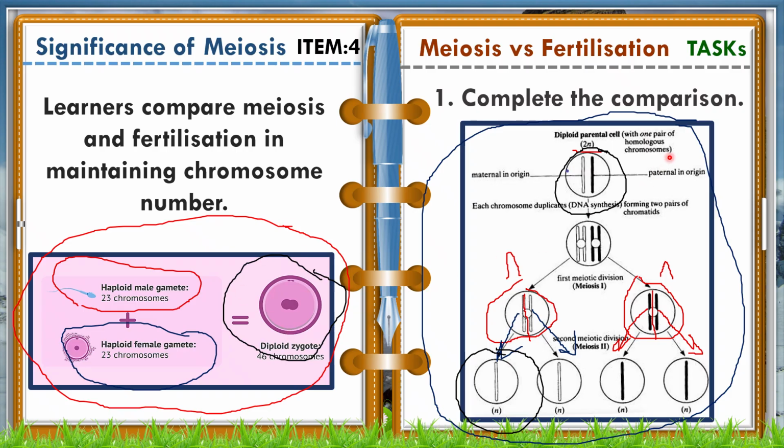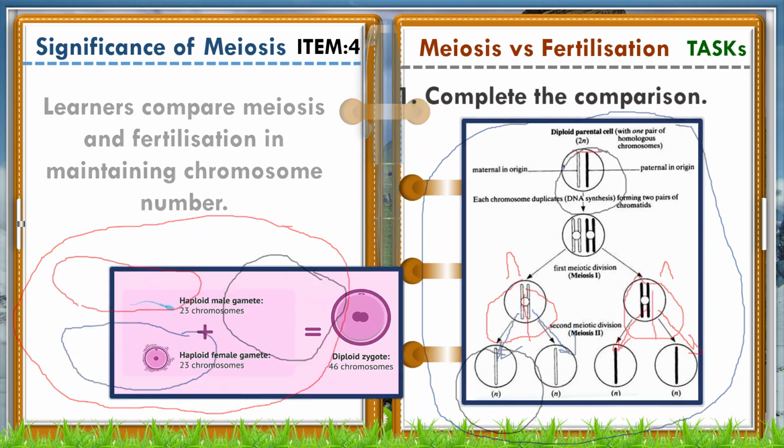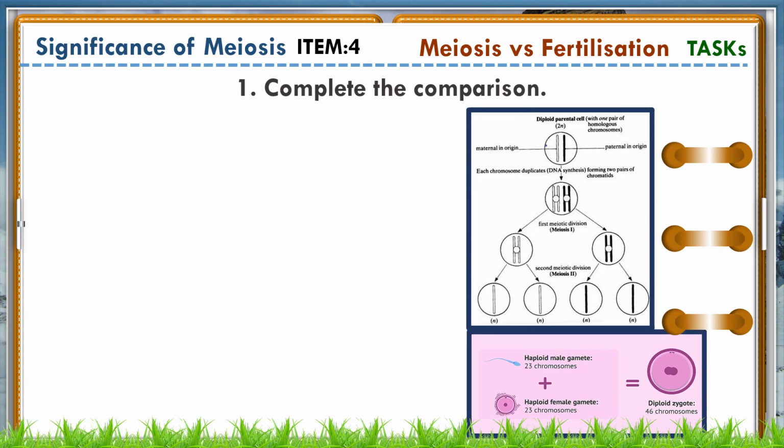Whereas when it comes to meiosis, we start with a diploid number and we end up with a haploid number. So now let us complete the comparison.